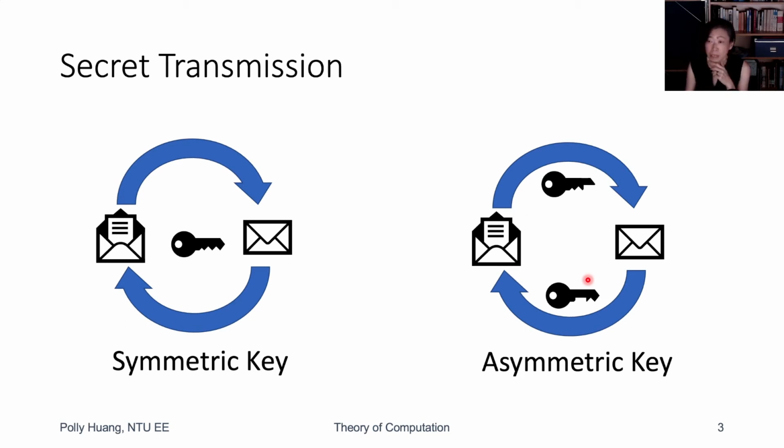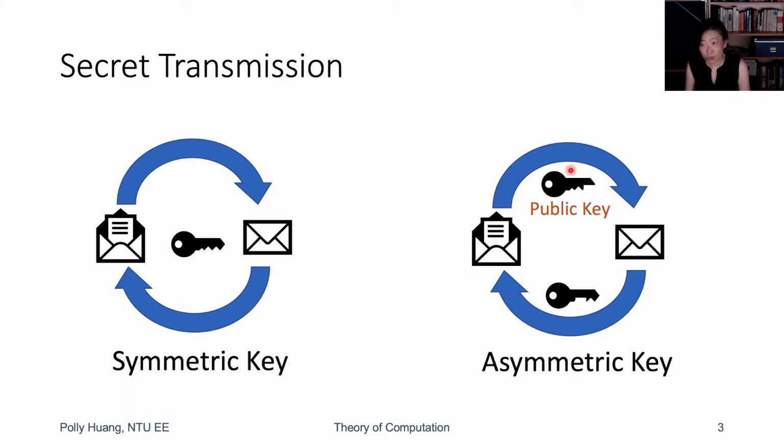Now you can probably imagine that the receiver is the one generating the pair of keys. The receiver is the one keeping this very important key private, and the one distributing this other key to the public so that anyone out in the world can use this key to send secret to the receiver, by encrypting an open message using this key that's in the public.